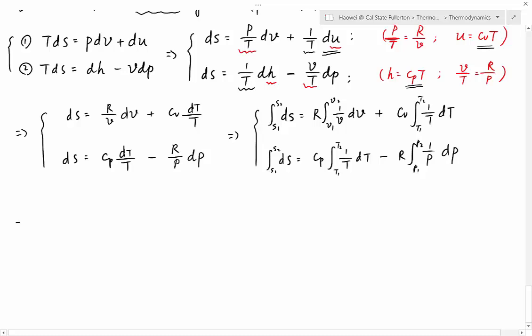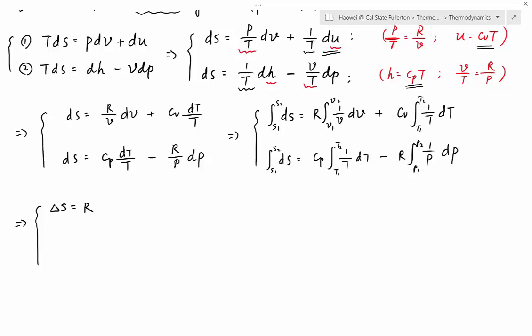Okay, so now we can solve this ODE. Left hand side, first one, integral ds, they cancel, so what is left is s2 minus s1, which we call delta s. Okay, first term in the right hand side, R constant, take it. And then integral 1 over nu d nu, that is natural log nu.